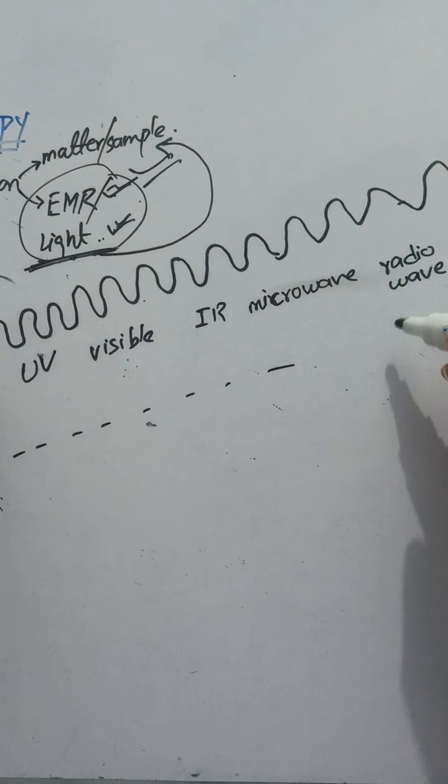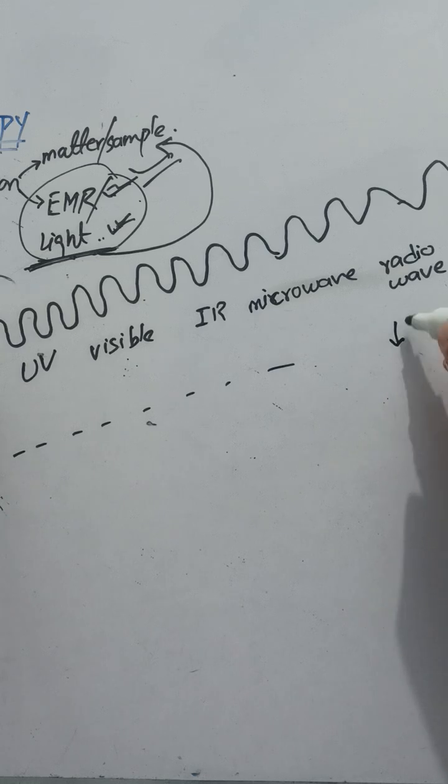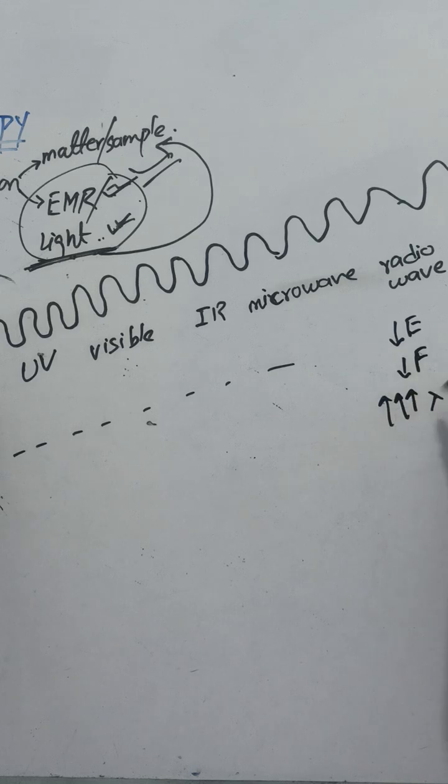And when we move to radio waves, it has the lowest energy, the lowest frequency, but the highest wavelength. So this is how the energy, frequency and wavelength increase or decrease, they change as we move from gamma rays to radio waves.